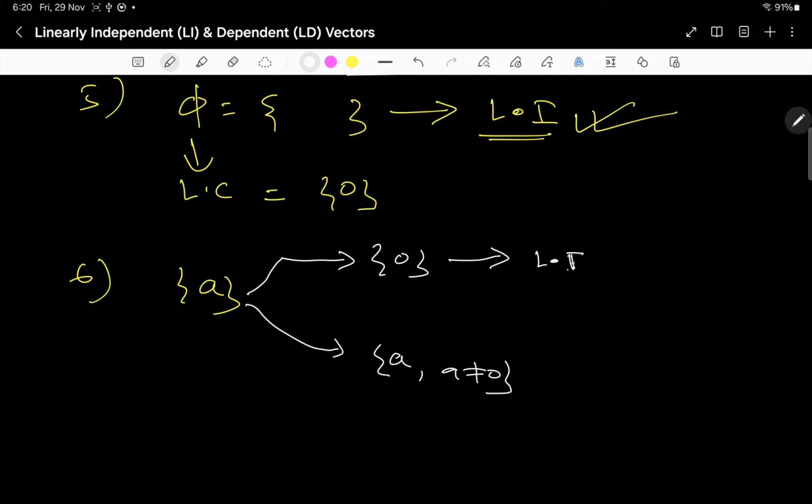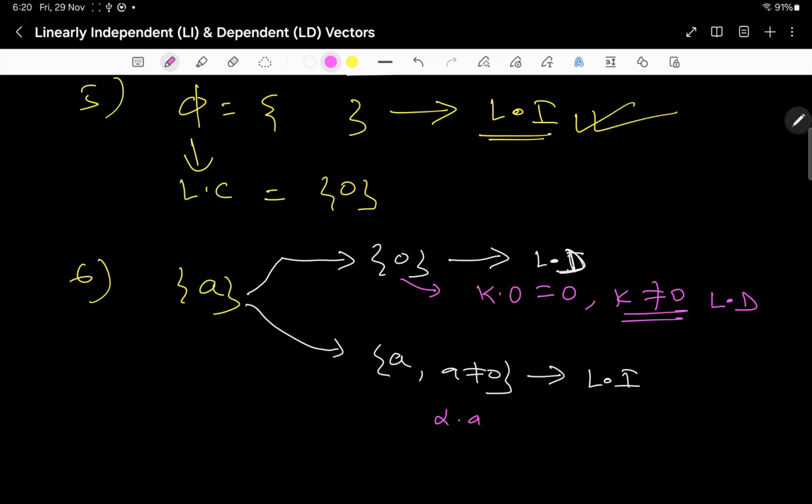The reason is, if you take k into the 0 vector, 0 is 0, so k is not necessarily 0. The scalar is not necessarily 0, so this is linearly dependent. But if I take alpha into A equal to 0, then alpha is 0, since A is not equal to 0. I am getting the scalar as 0, so this is LI.